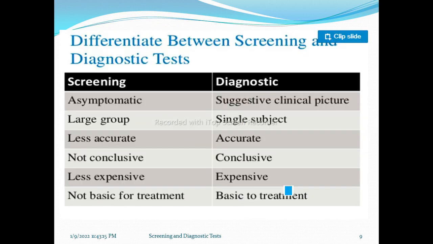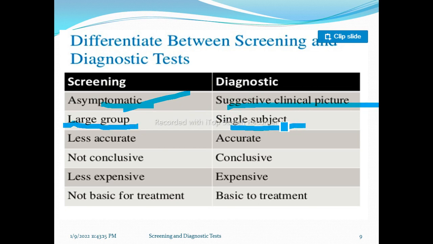So, the difference between screening and diagnostic tests. Screening is asymptomatic, so it is done in asymptomatic individuals. Diagnostic has a suggestive clinical picture, so it is done in those with signs and symptoms. Screening is made for a larger population, and diagnostic is done for a single subject.